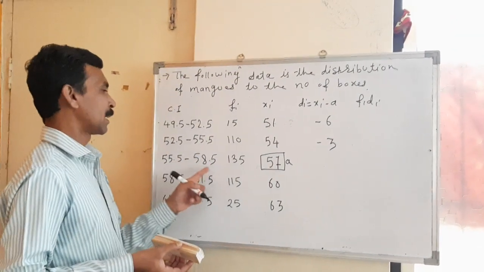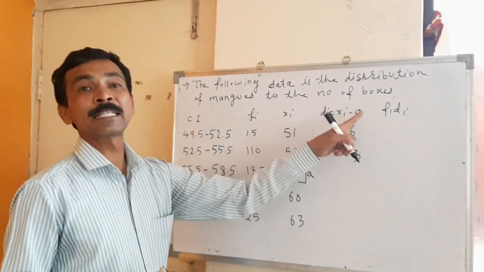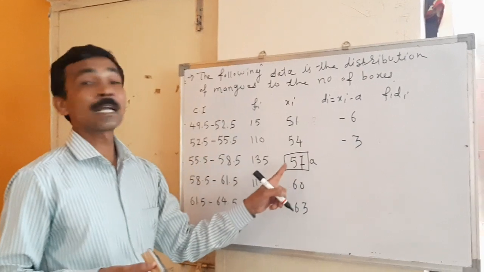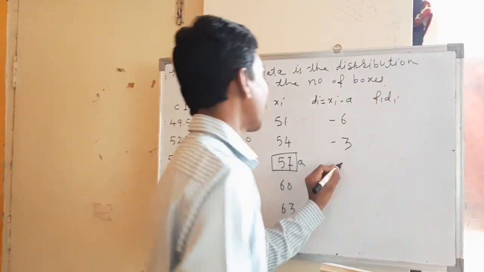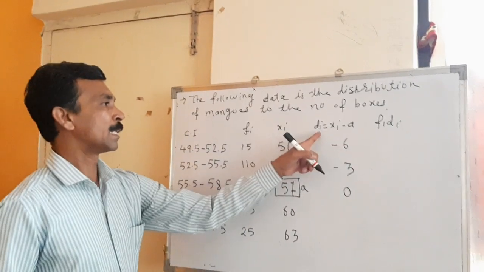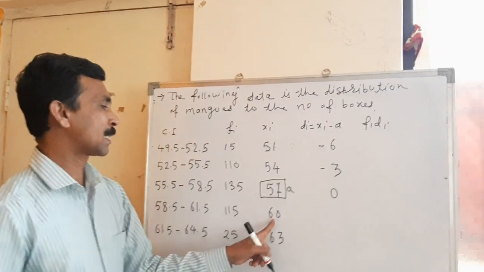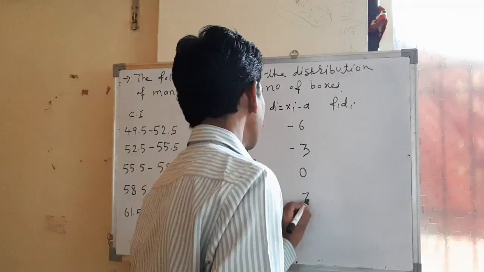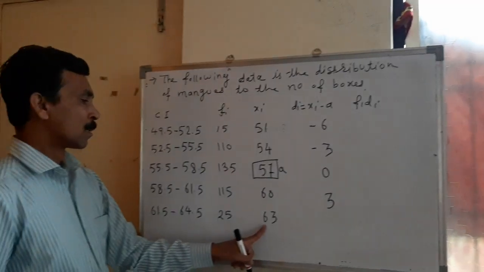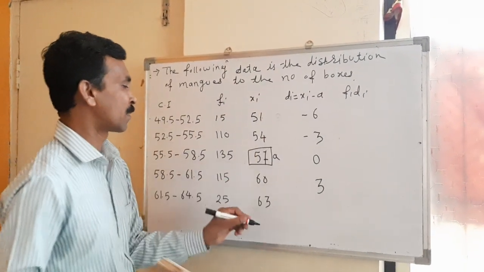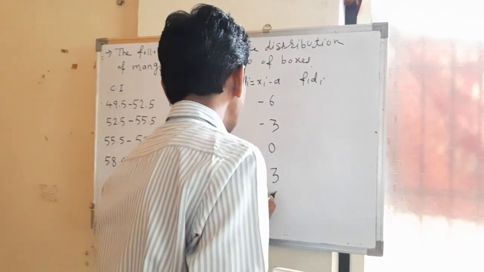For the third class interval, Xi is 57 minus assumed mean, which is also 57, so it becomes 0. For this class interval, Xi is 60 minus assumed mean 57, that will become 3. 63 is Xi here minus assumed mean 57 is equal to 6.